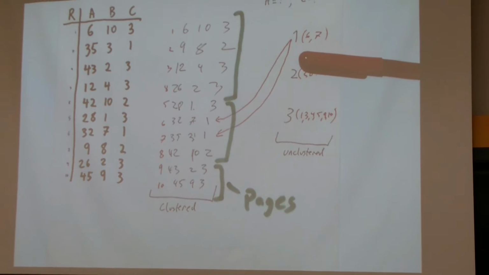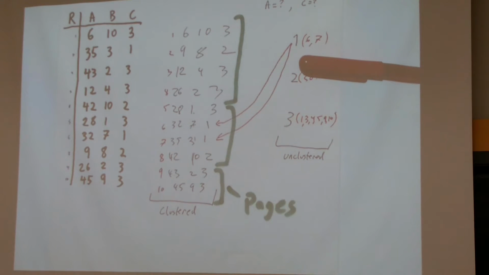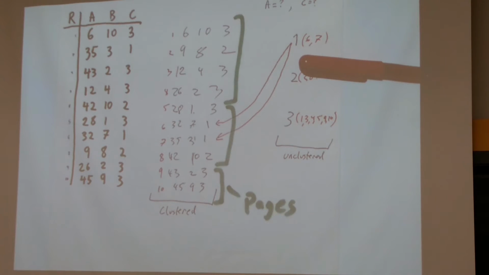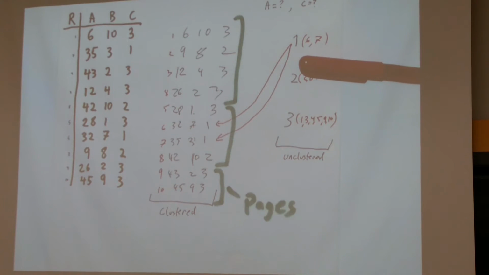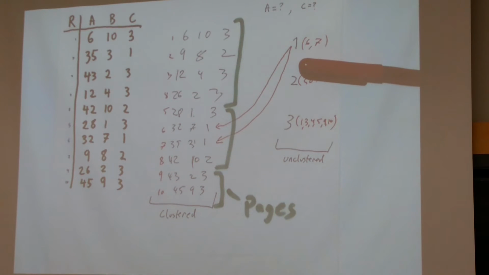Not unless I've built some sort of index. Not unless I save that information somewhere else. Now, I'm going to cheat and say that you can actually do a little bit better. You can do binary search over the pages.